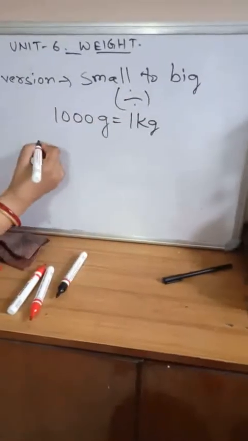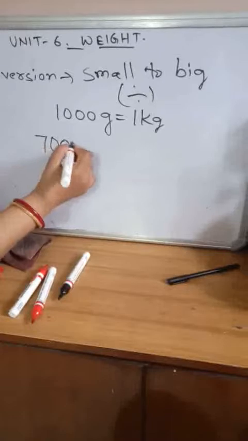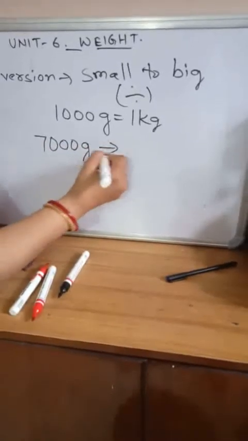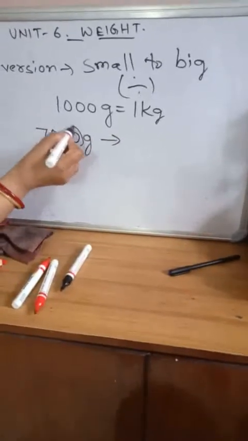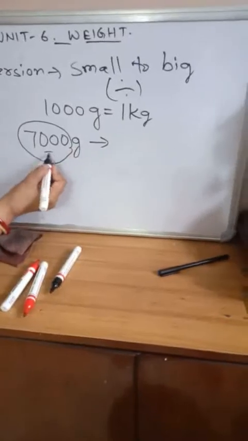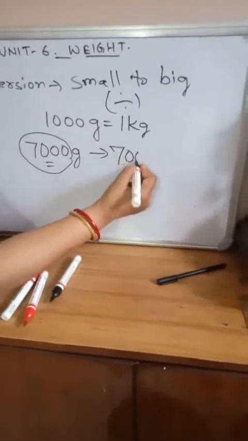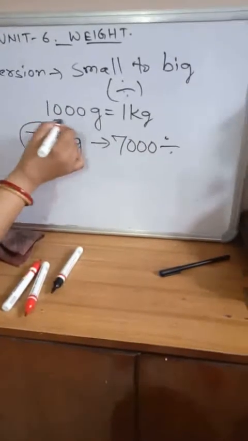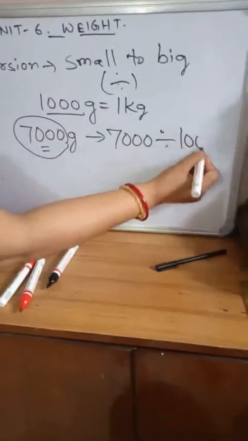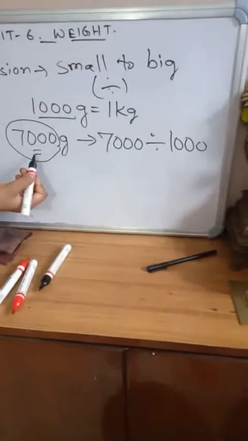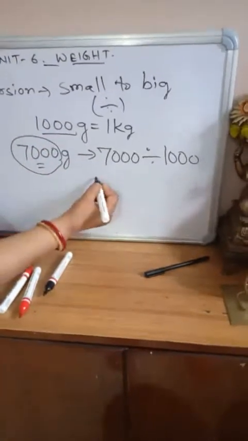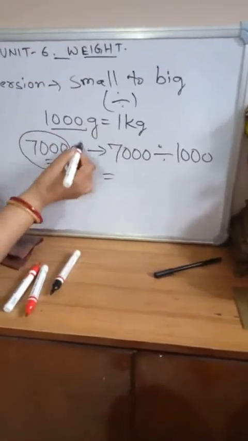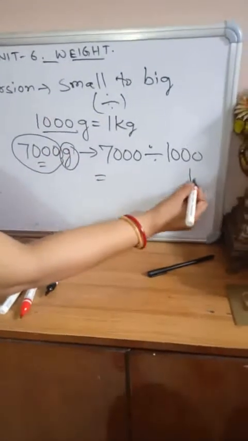Correct? Now when I am going to convert this 7000 gram into kilogram, what will we do? The number of gram, 7000, will be divided by what? This 1000 gram. When the number of gram is divided by 1000, the unit will be converted into kilo.